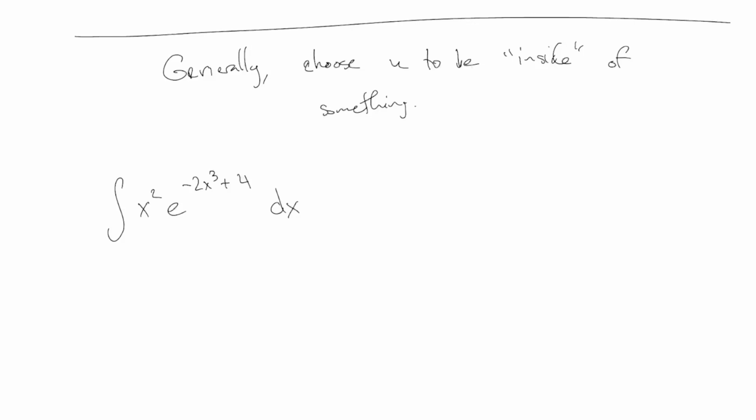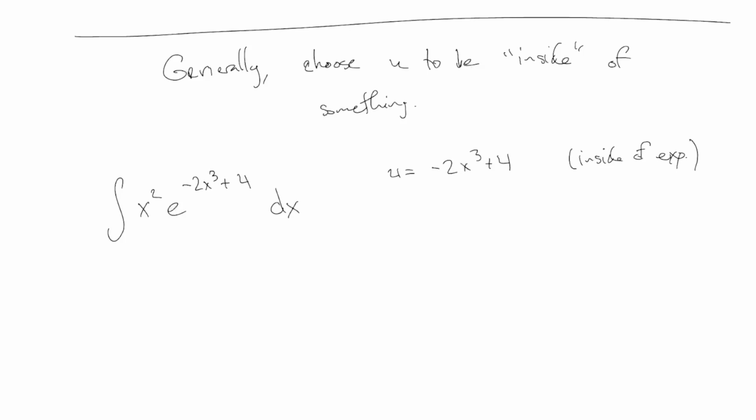In the spirit of the inside of something, I'm going to choose the inside of the exponent. Just the inside of the exponent, not including the e, but just what you see on the inside. So u here is going to be negative 2x cubed plus 4. This is the inside of the exponent. Don't also take the e with it, though. Just the inside. All right?